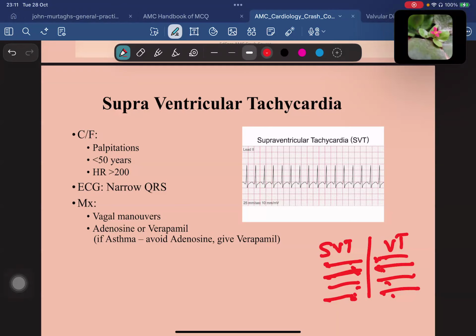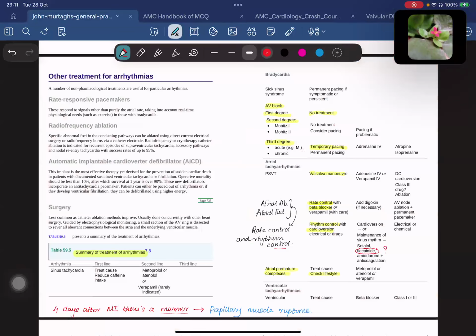They might even say they tried vagal maneuvers or whatsoever, and then ask what would you do next? The first answer option they would just give is adenosine. And then in your mind, you would remember your notes, knowing that adenosine was for supraventricular. This is why it's important to remember the tables, those little tables here and there in John Murtagh.